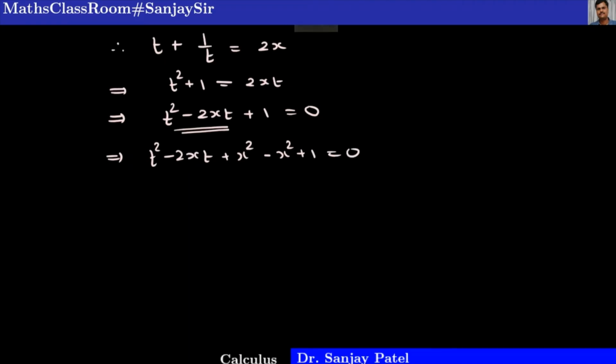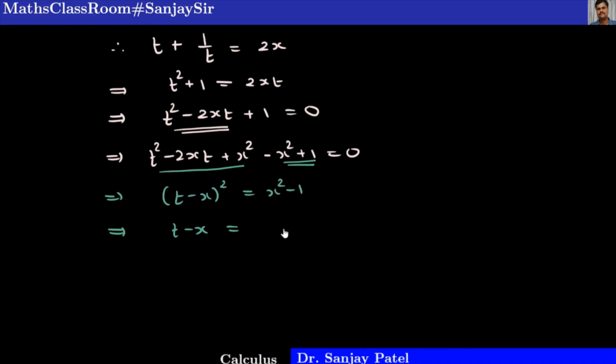Okay, so this implies if you combine these two terms, you will get t minus x whole square, and taking these two terms on the other side, we'll get x square minus 1. So this implies we'll get t minus x, let me write bracket here, taking square root on both the sides, will take the positive square root.